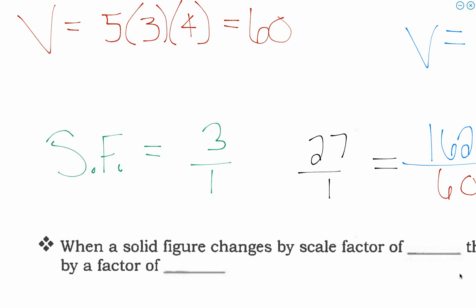Meaning the volume got 27 times bigger. When the sides all got 3 times bigger, the volume got 27 times bigger.